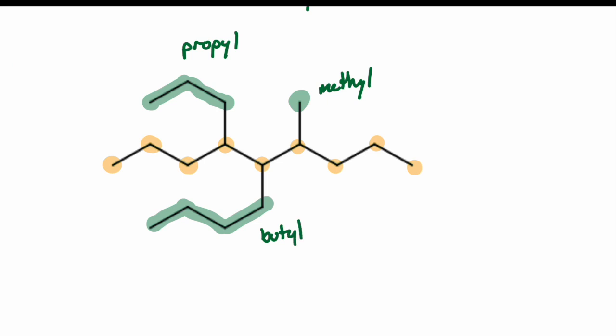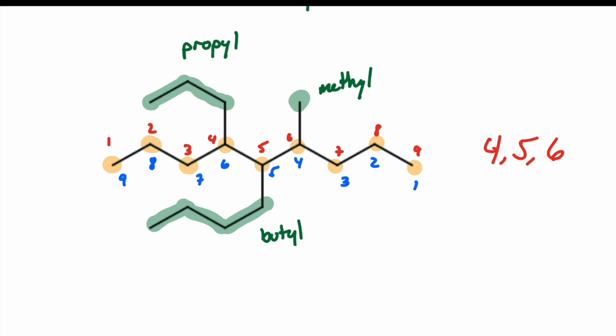If I did my numbering, or I could go the other way. If we did our red numbering scheme, it would be a 4, a 5, and a 6 in the name. If we did our blue numbering scheme, it would be a 4, a 5, a 6 in the name.